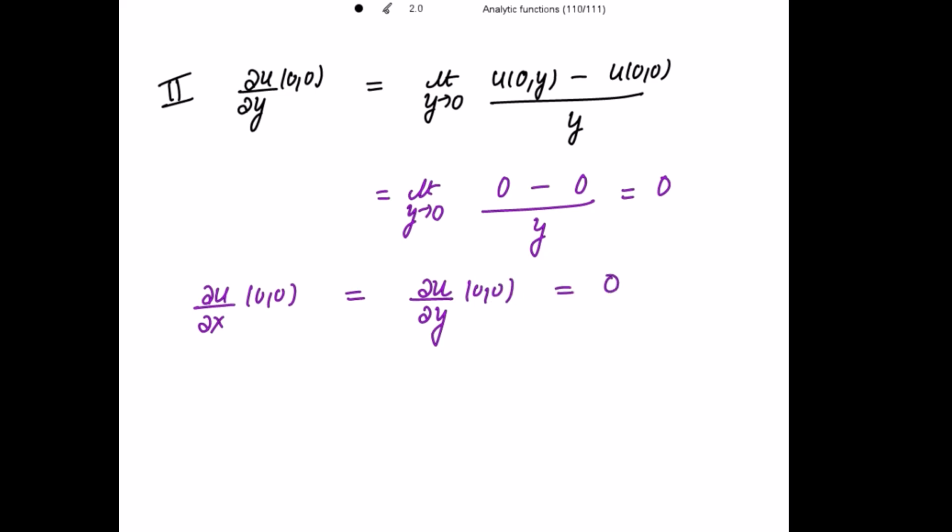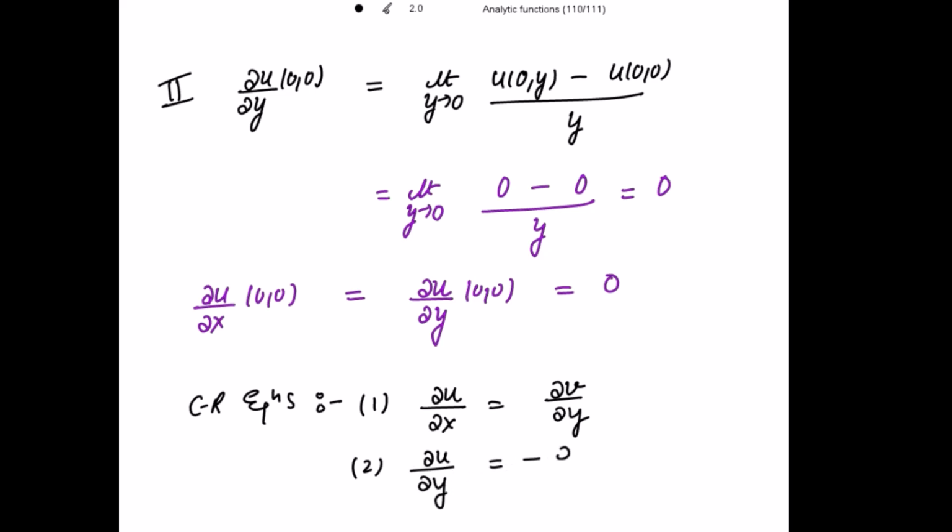Now what are the Cauchy Riemann equations? That is the CR equations. Partial derivative of u with respect to x is equal to partial derivative of v with respect to y. And the second one, partial derivative of u with respect to y is equal to negative of partial derivative of v with respect to x. If you notice, in the first equation the partial derivative of u with respect to x is 0 and the partial derivative of v with respect to y is also 0.